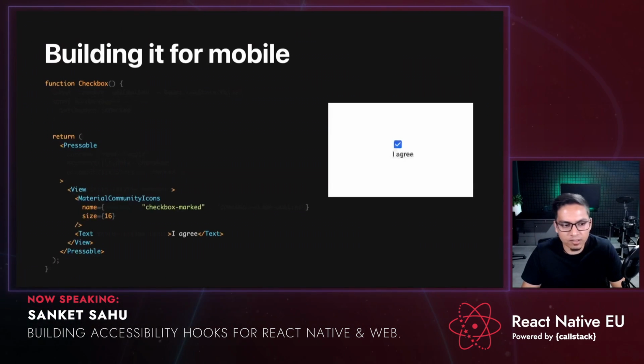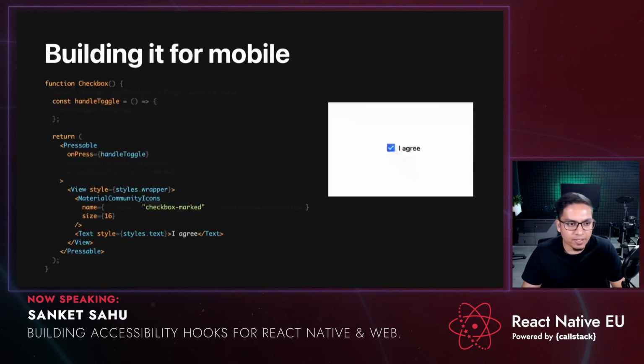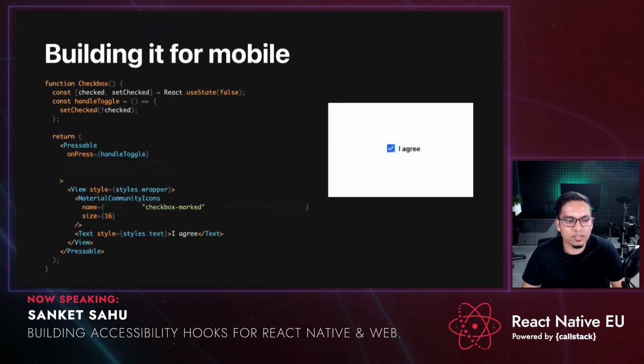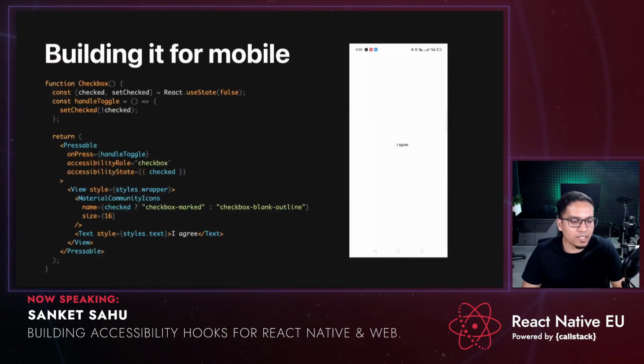Then add an icon and style it with the standard React Native StyleSheet.create, and then handle the state: on press, handle toggle, update the state, and also update the UI based on that state, checkbox marked and checkbox blank outline. And then we need to wire the same state with the accessibility role.